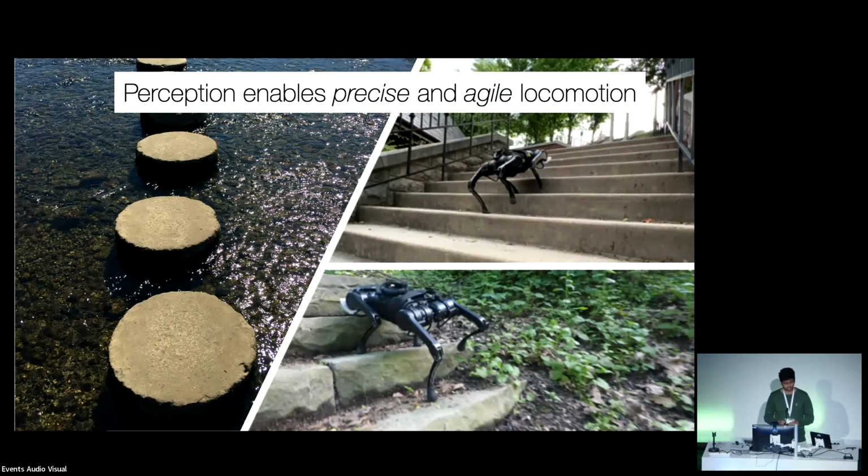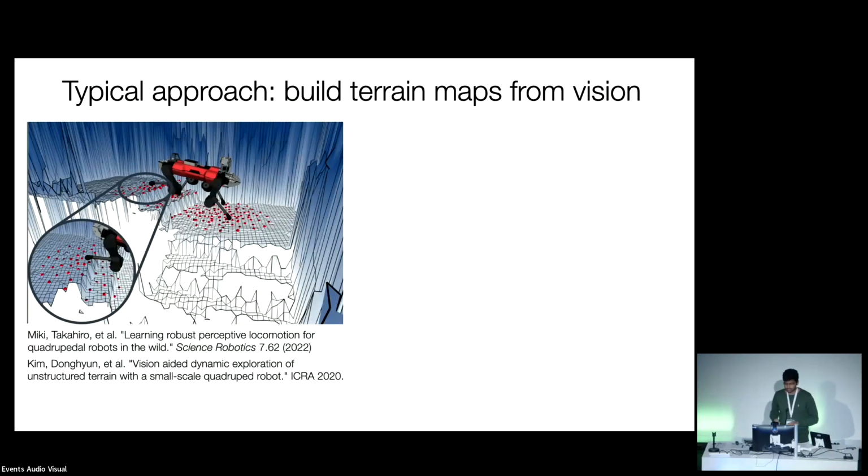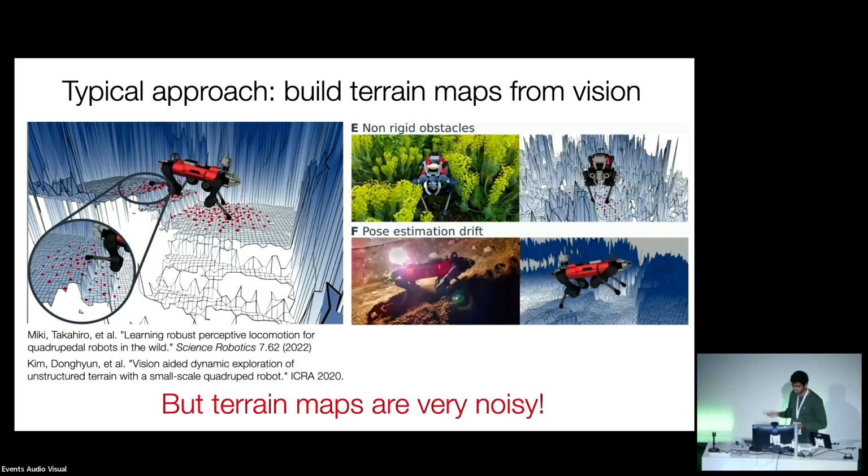So how do we use vision? The typical approach is to use vision by completely decoupling it from control. The vision is first used to build a detailed terrain map, which requires precise pose estimates in the real world, which are very hard to obtain reliably during deployment. And this leads to very noisy terrain maps as a result.